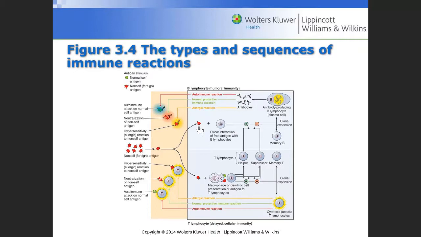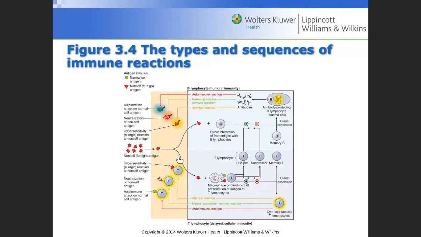Like, say we're going to have an immune response toward the coronavirus. It's going to be very specific to the coronavirus. It's not going to be to influenza virus or smallpox or whatever. It's very specific. And I'm going to talk about what we mean by immunological memory in a little bit.